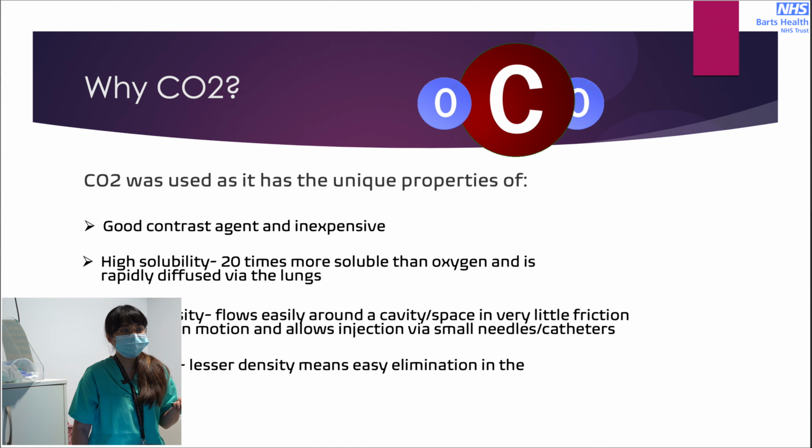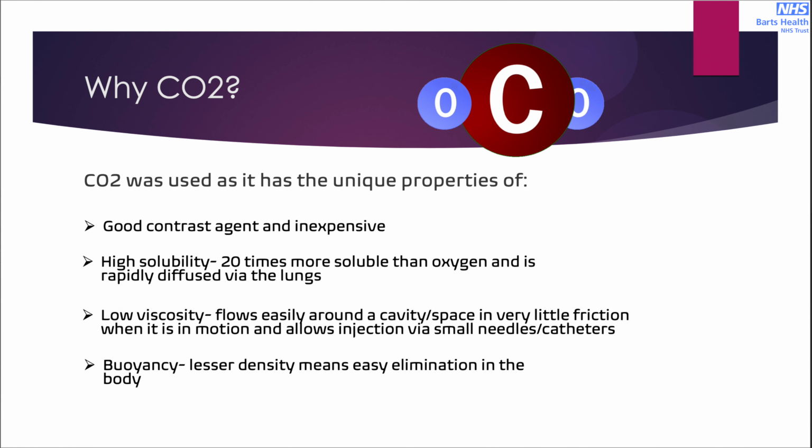It is highly soluble, which means it can easily be eliminated from your body via the lungs. It has a low viscosity, which means it can flow easily around a cavity or space and allows injection via small needles and catheters. And it is buoyant, and the lesser density means it is easily eliminated in the body.